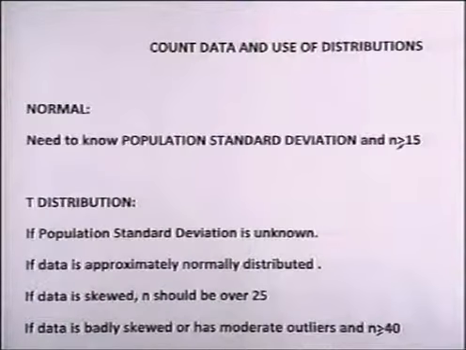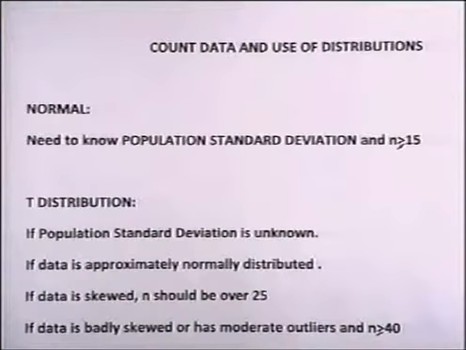Maybe if you're studying IQ tests or some standardized thing that has been studied in depth, you will know the population standard deviation and how things were built. Even then, you need 15 or more for a sample size. So if my sample size is lower than 15, I've got to be in the t-distribution.